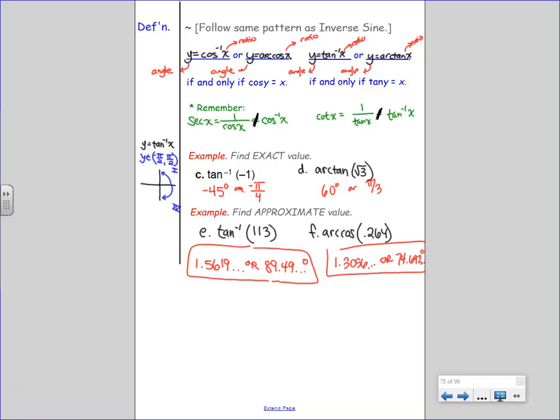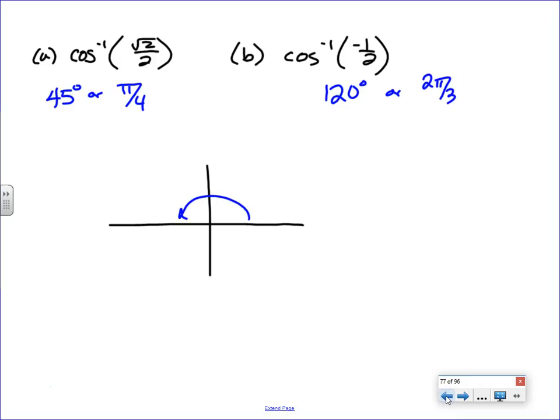Can we go back for a second then? Does it make sense why, if you look at the table, maybe some of you should transition to using that. Where is cosine square root of 2 over 2? 45. First quadrant or what's cosine's restrictions? 0 to pi.